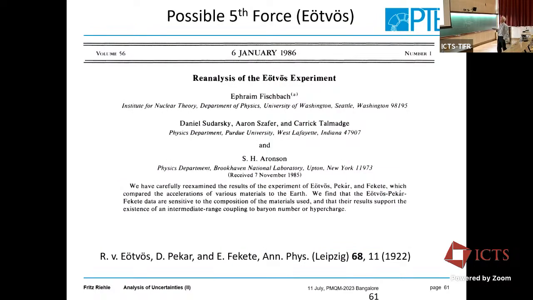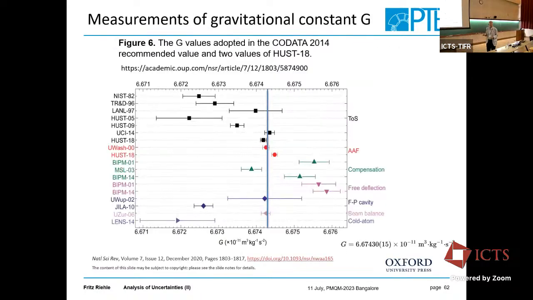For instance, there was a reanalysis of the Eötvös experiments to find a possible 5th force after 60 years. They looked into the notebooks, the early ones, and checked this. So care for your notebook. Make sure that you put all the things there, either in electronic or on paper.